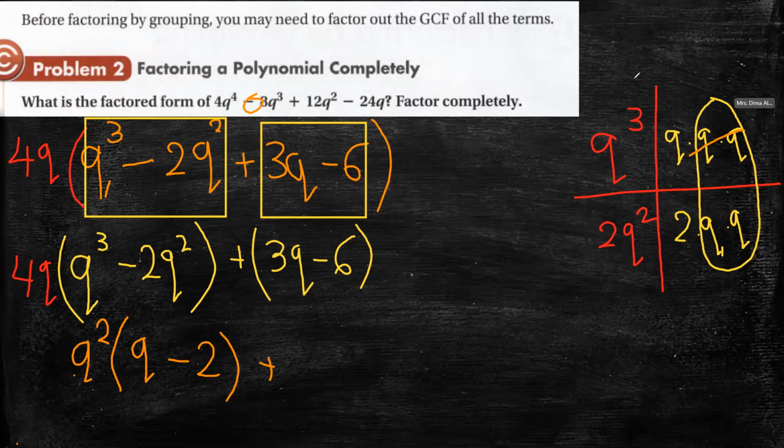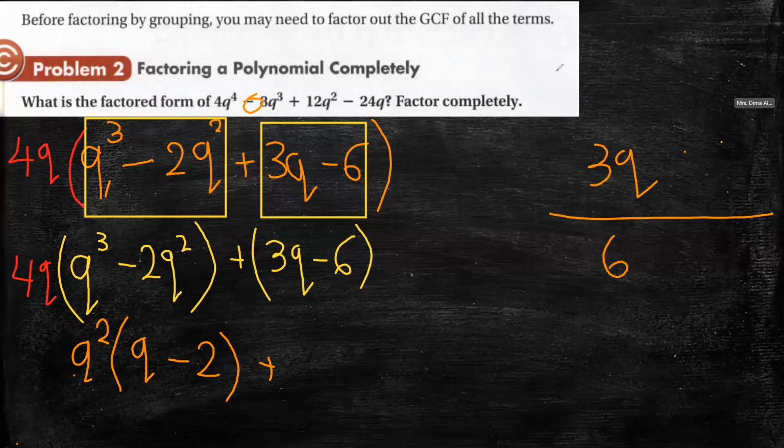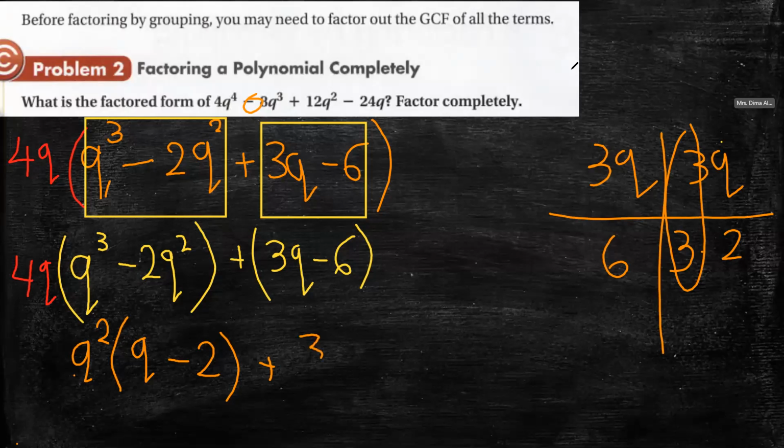Then plus, let's take now the second term, which is 3q and 6. Let's factorize them. We have 3 and q, and you have 3 and 2. So the common factor here is 3. Let's put the 3 here now, times q minus 2.